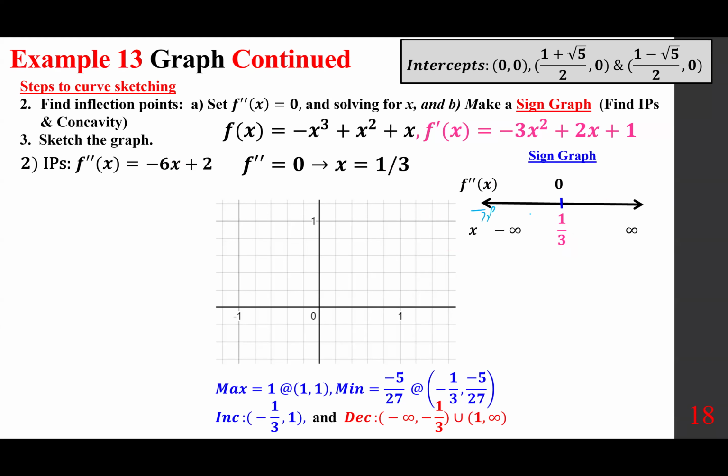I'm going to write a summary table of all the information we have. This is nothing brand new. We just summarize the numbers here so it becomes easy to read it from here and put it into the graph. Starting with 0, 0. 1 minus square root of 5 is negative 0.620.